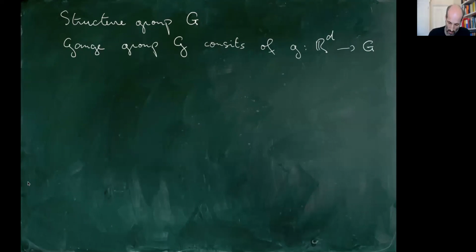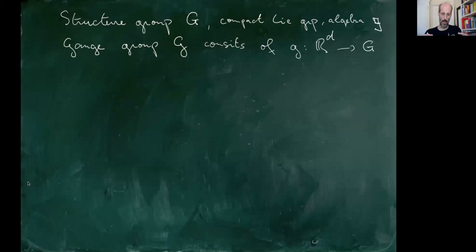And that structure group G is always going to be a compact Lie group with Lie algebra frak g.